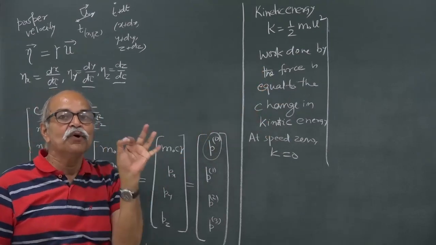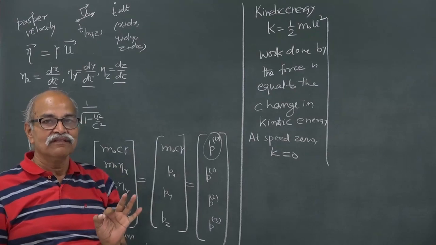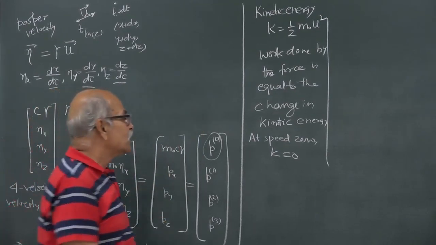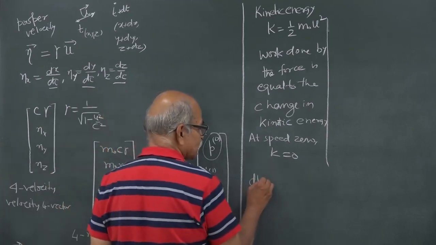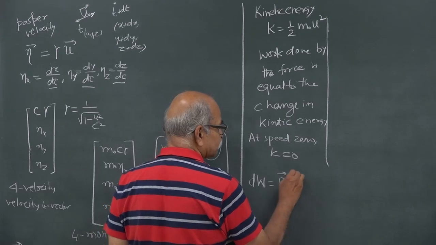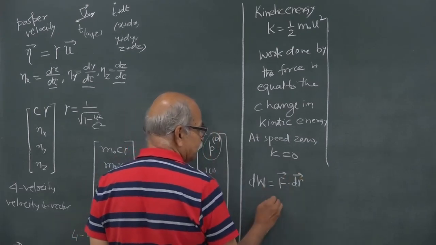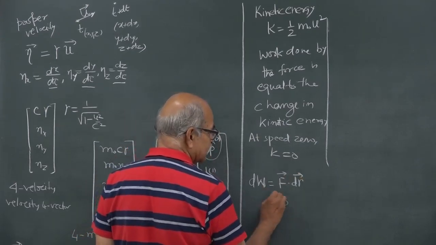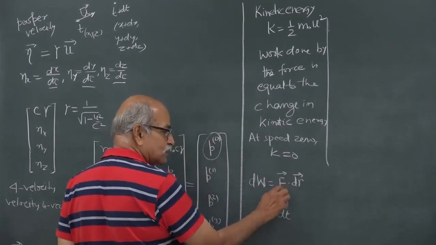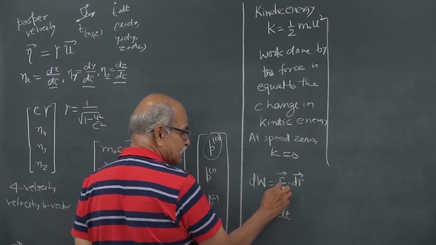So, for a small time interval where there is a small displacement of the particle, the work done dW is F dot dr, and F you can write as dp dt. This equation also holds for relativistic speed.